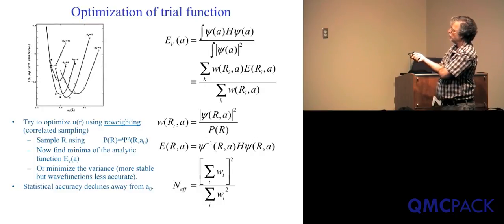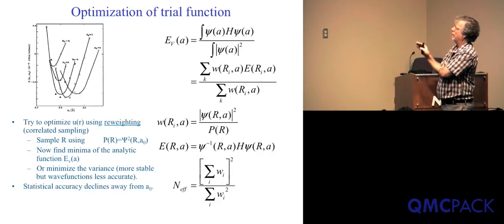You sample configurations, you make a database of configurations and store them in a file, and then you figure out how the wave function would change if you changed A0 to some other parameter A, and how the energy would change. Basically, the variational energy becomes a weighted sum, and the weight is the ratio of the wave function you want, the new value, to the one you sampled from. You then give this weighted sum to a standard numerical procedure that minimizes this energy.